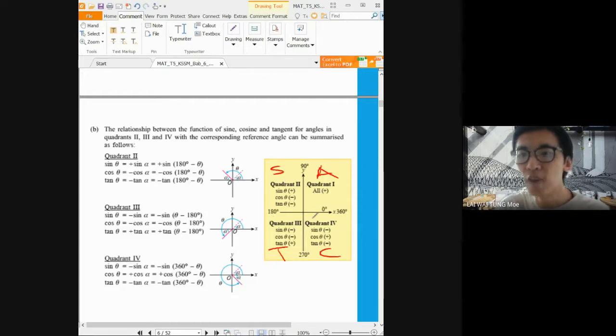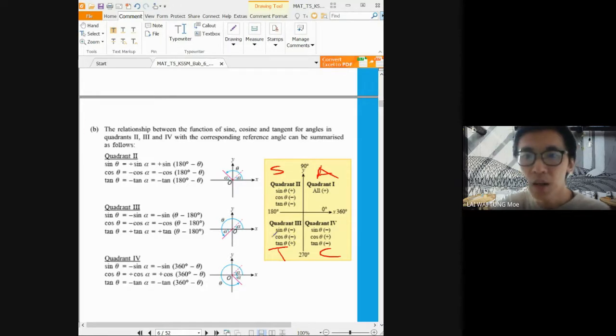You have to remember this because it helps a lot when answering questions. First quadrant is all positive, second is sine, third is tangent, and fourth is cos.